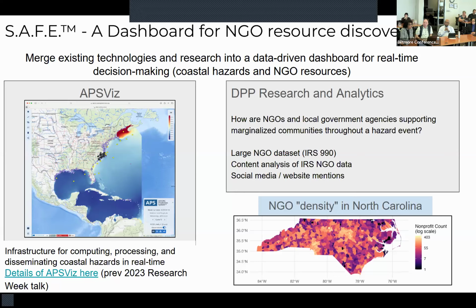And so we wanted to know if we could simultaneously map the NGOs, where they are in location, and then also overlay that with information that we pulled from Brian's team. So looking at when an event happens, where do we see flooding? What NGOs are in that area? Could we then provide more pinpoint accuracy in terms of what places of support would be best poised to provide support to the communities?